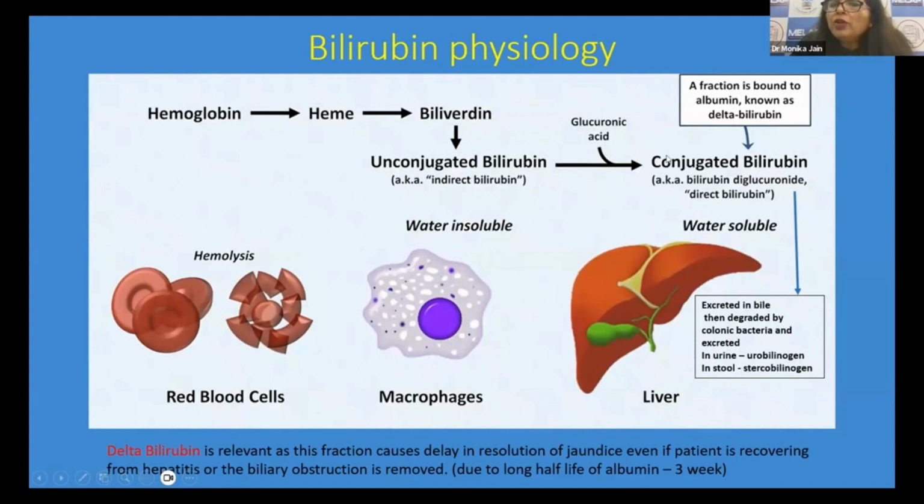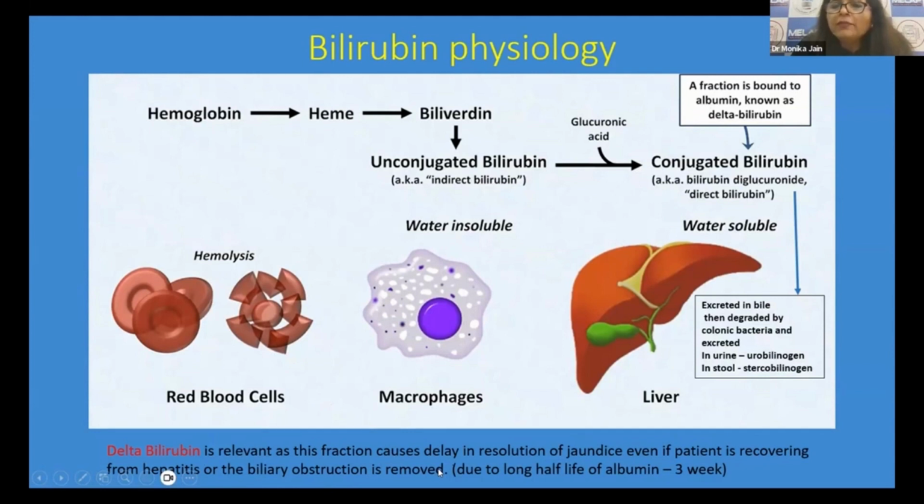What happens? A fraction of this conjugated bilirubin gets attached to albumin, which has a half-life of 3 weeks. This is known as delta bilirubin. This is a concept which is sometimes very important clinically. Why? Because delta bilirubin is a fraction which causes delay in resolution of jaundice, even if the patient is recovering from hepatitis or the biliary obstruction is removed.